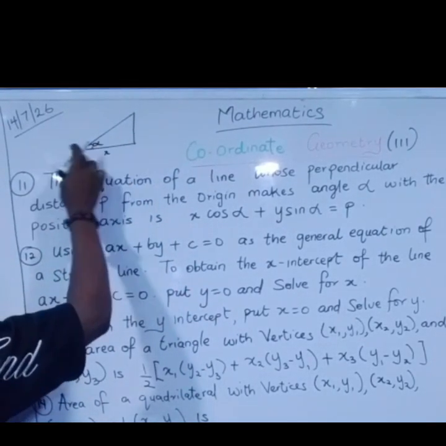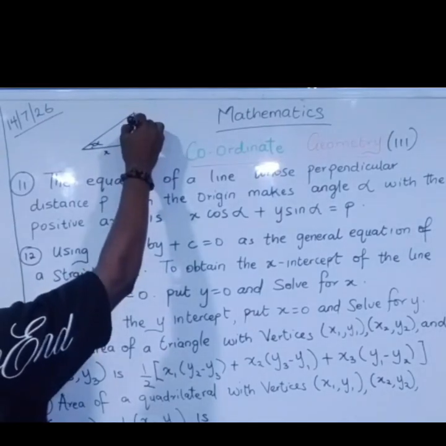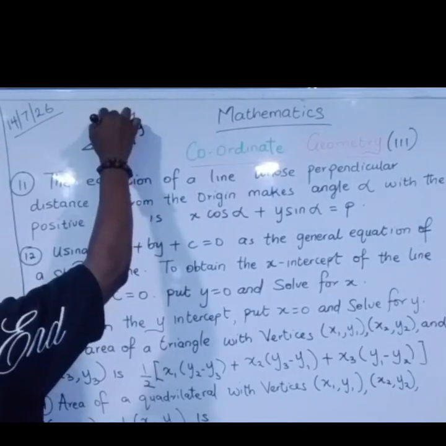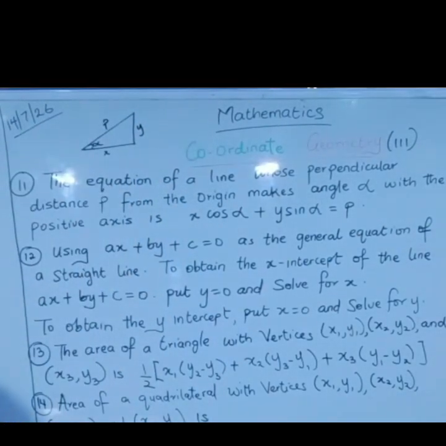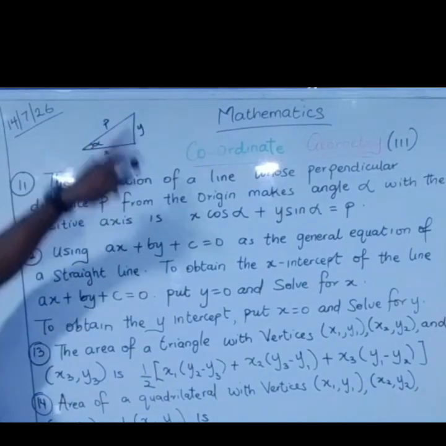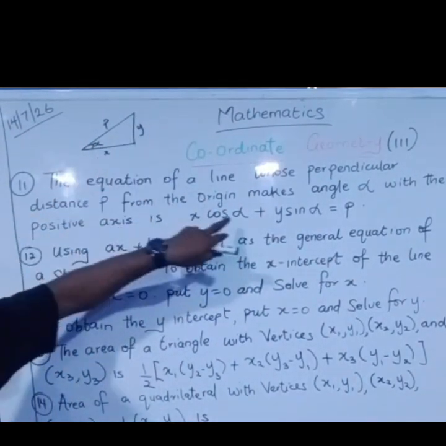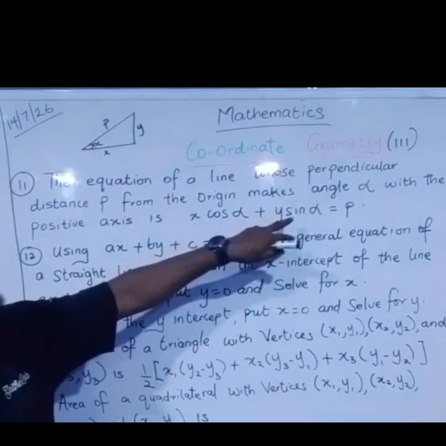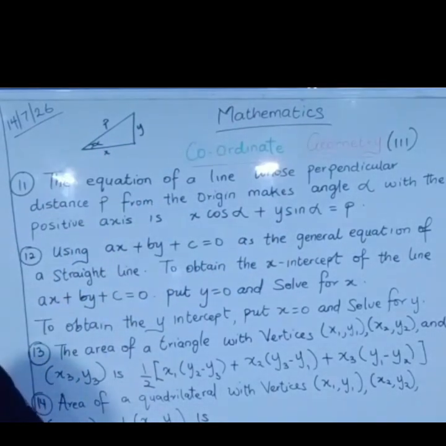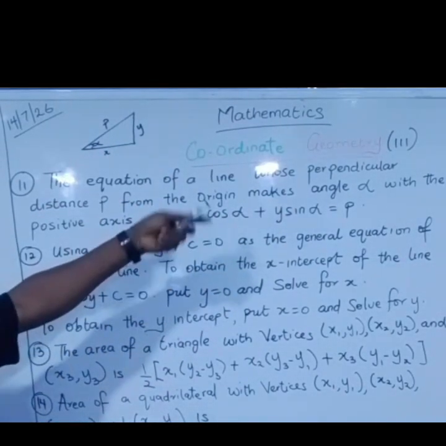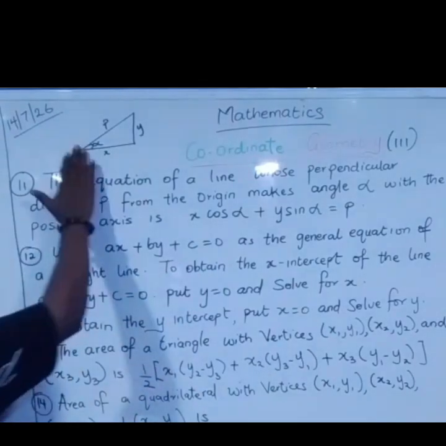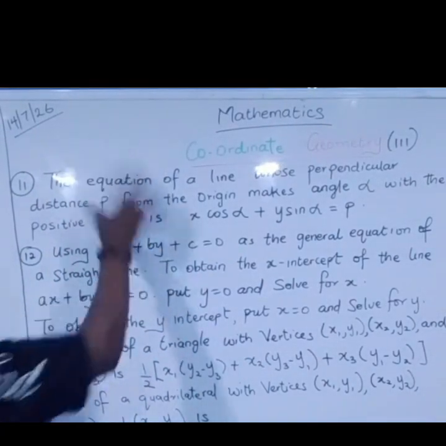There is x, from here to here is x, from here to here is y, and then from here to here is p. So if you have something like this, and they're asking for the equation of this line, just use this. What is x? What is y? Because the angle between them will give you your p. If you put this relationship, you get your answer. That's for number 11. We're going to do something on it.